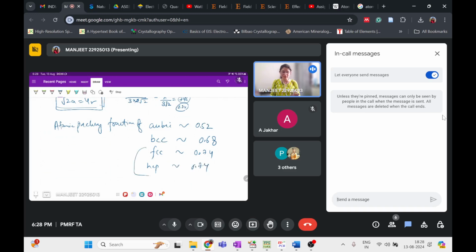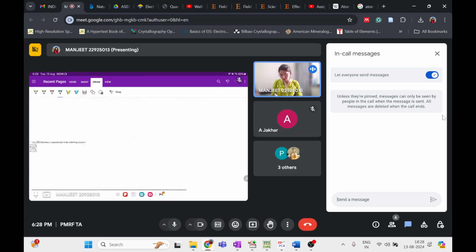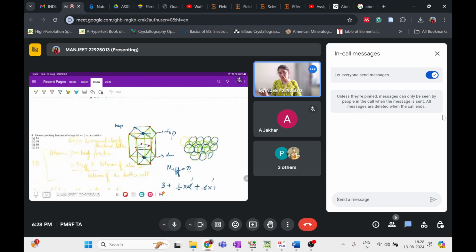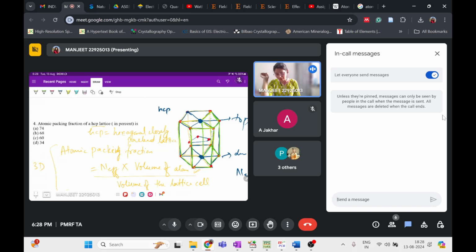So FCC and HCP are closely packed compared to the others. So the atomic packing fraction of the HCP lattice will be 74%.